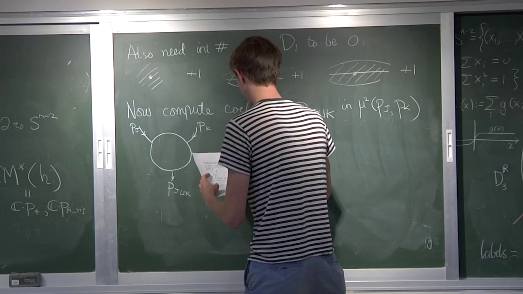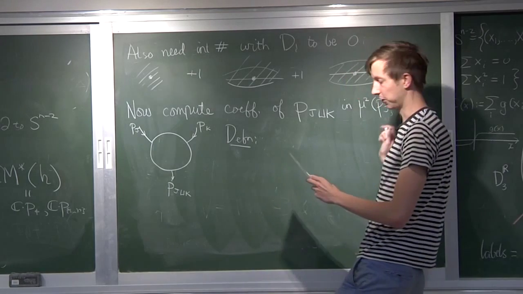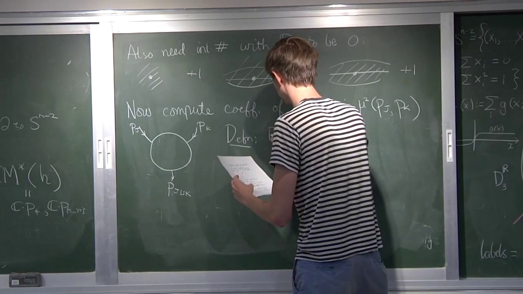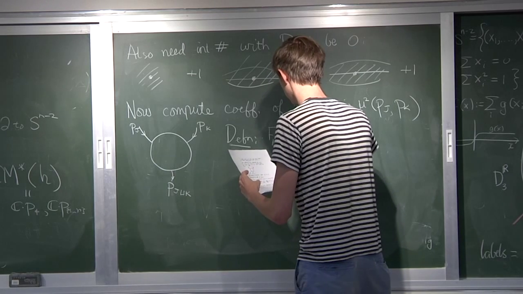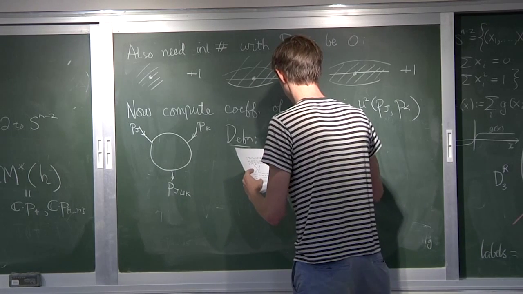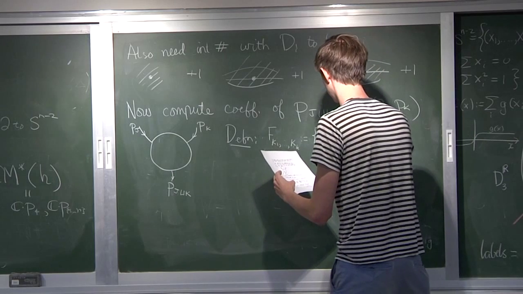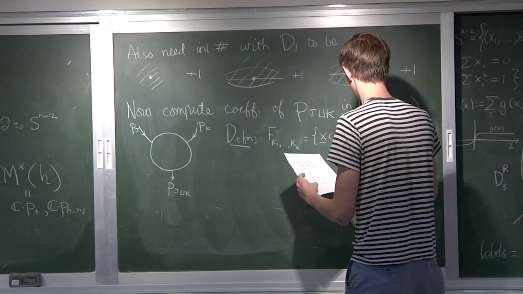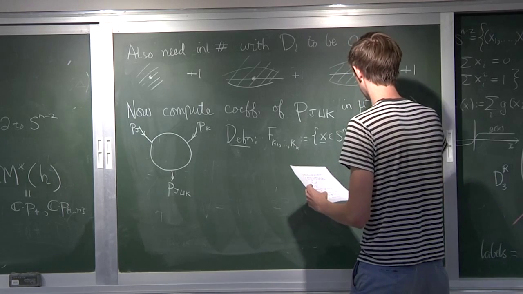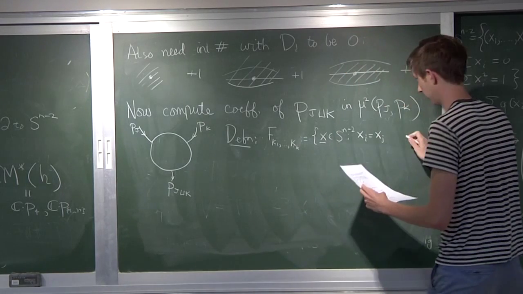I'm going to introduce a notation for certain subsets of the sphere, linear subsets.